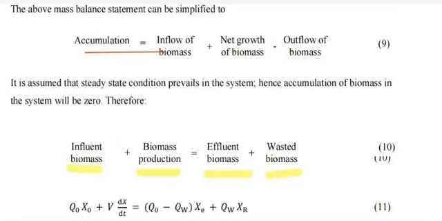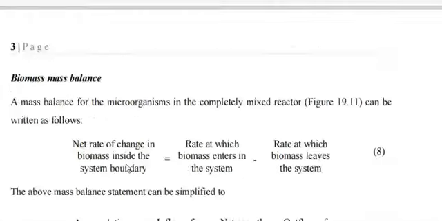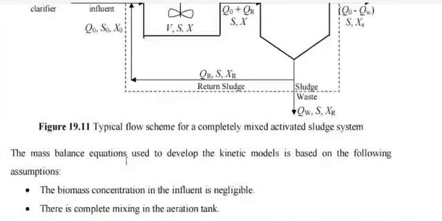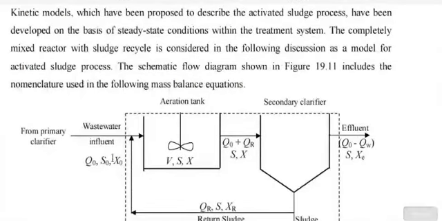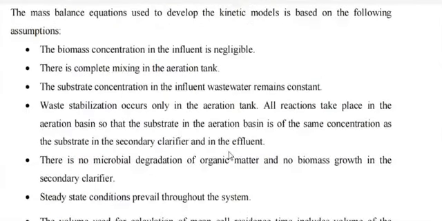From that diagram, you can easily understand what exactly the meaning of this is. Let me show you that diagram again. So as per the statement, there is generation of the biomass, biomass out in the effluent, and biomass in the waste. So on the basis of that, we write the equation.